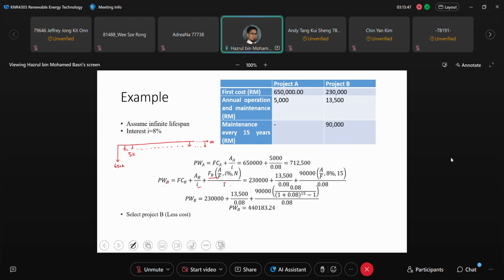I draw everything downwards because the first cost is a spending. The annual operation is also considered as spending. So I draw everything as cash outflow.